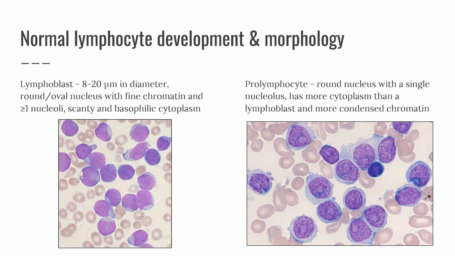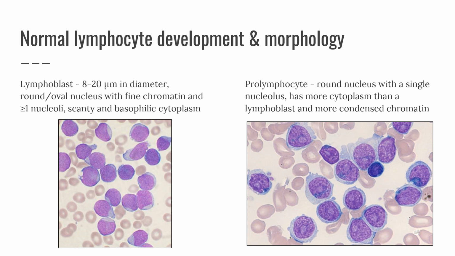Next is a short discussion on lymphocyte development and morphology. So lymphoblasts are large cells with a round or oval nucleus with fine chromatin, sometimes described as glassy chromatin, with one or more nucleoli and scanty basophilic cytoplasm. Prolymphocytes are a bit larger than your lymphoblasts.